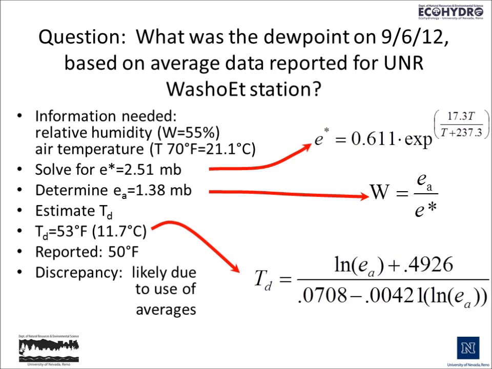If we carry that out correctly, we find that the dew point temperature is 11.7 degrees centigrade or 53 degrees Fahrenheit. On the website it's reported as 50 degrees Fahrenheit, and the discrepancy between our calculation and that reported on the Washoe ET website is likely due to our use of averages to do these calculations.